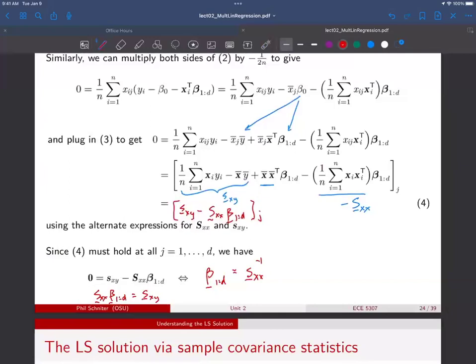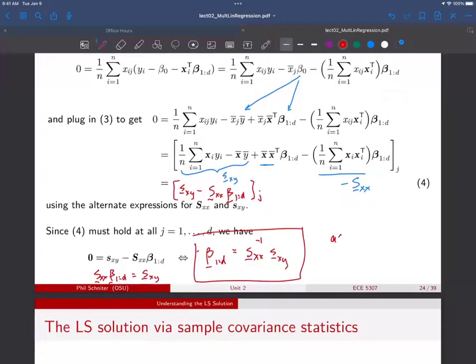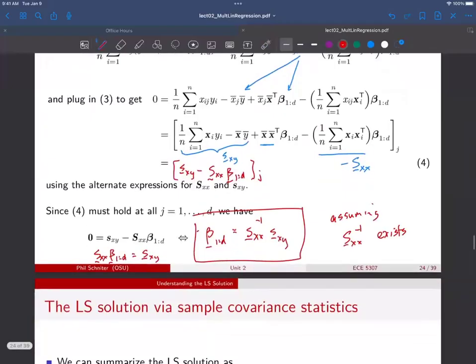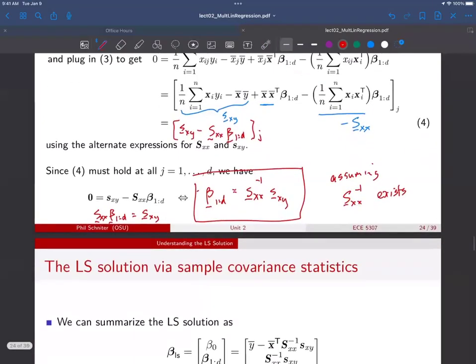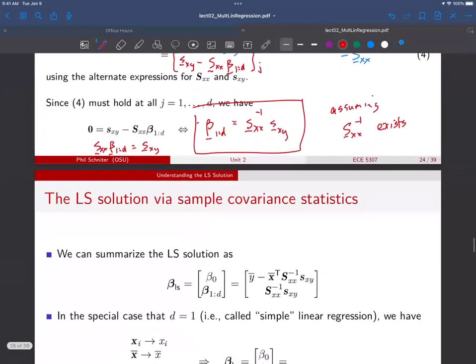And we get the expression for beta 1 through d. And this is assuming that this inverse exists. We'll talk more about that later. So basically, we have solved the problem we set out to solve.